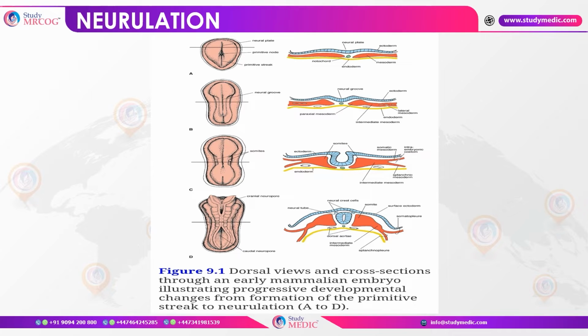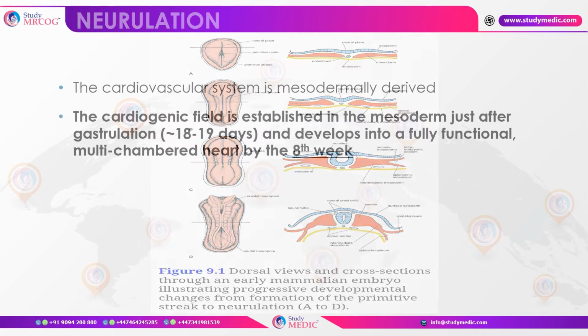Finally, the neural tube forms after the neural groove, and it is from this neural tube we have the cranial end and the caudal end. The cranial end will go on to form the brain and the corresponding structures, and caudally we have the spinal cord formation.